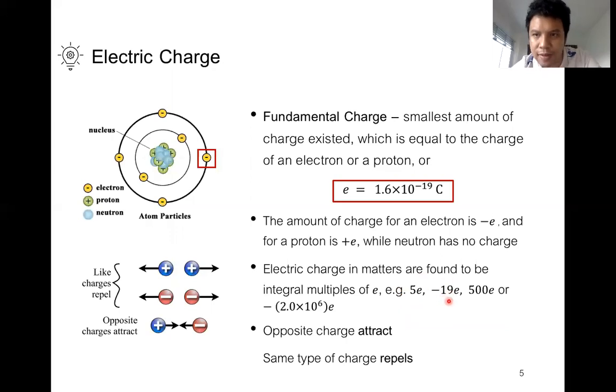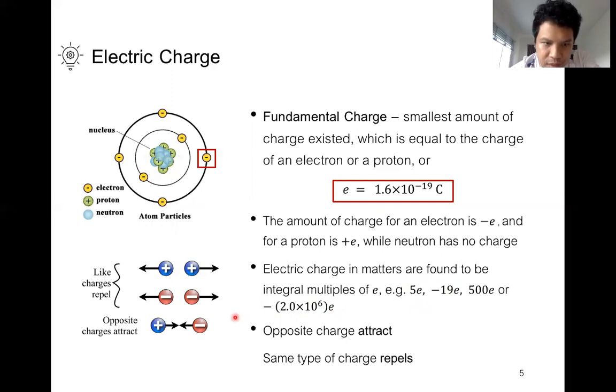So minus 19e, you might have 19 electrons. 5e, you might have 5 protons, or even minus 2 million e. Okay, but we are not going to have something like 1.5e, not 2.3e, but just 1e, 2e, 3e.